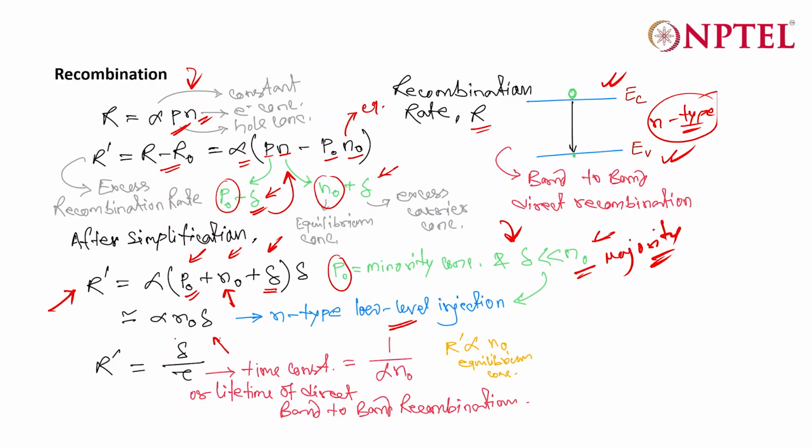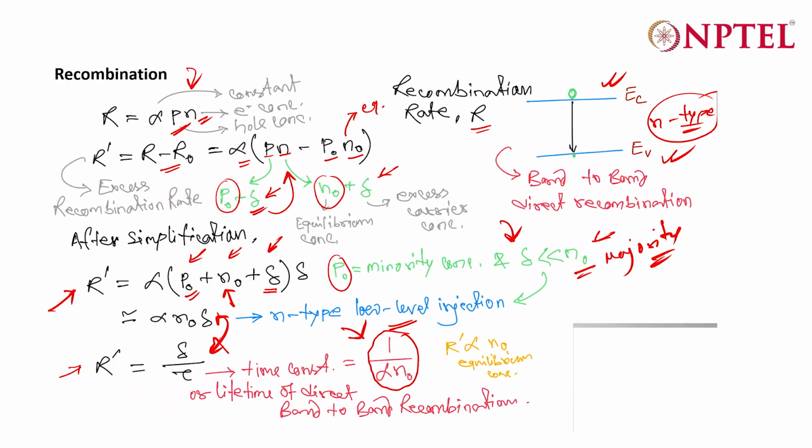Now, if you write the expression R dash in the form of delta by tau, where tau is the time constant, or you can say the lifetime of direct band-to-band recombination, then you'll find that the value of tau is nothing but 1 by alpha N0. So the value of tau is equal to 1 by alpha N0, right? So this particular expression you will get once you consider these two equations. All right.